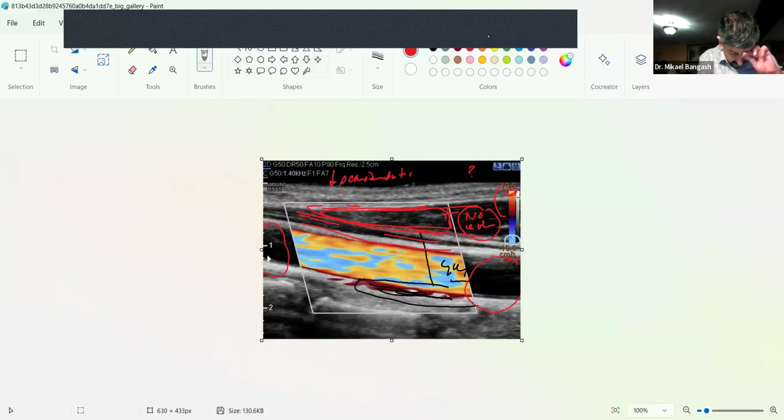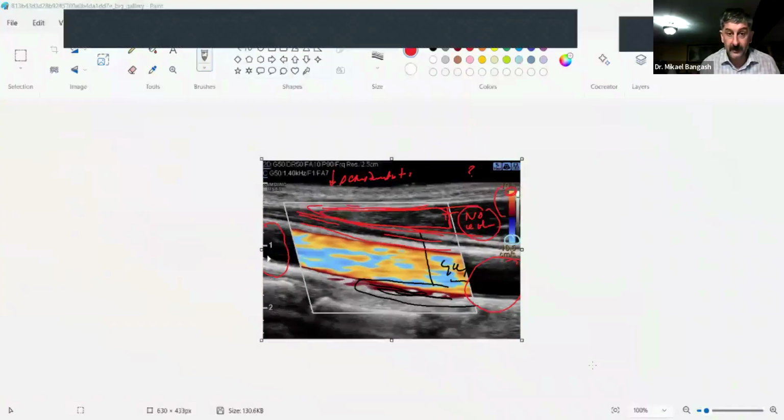Maybe Doppler shift, low velocity. Doppler shift. Here we go.